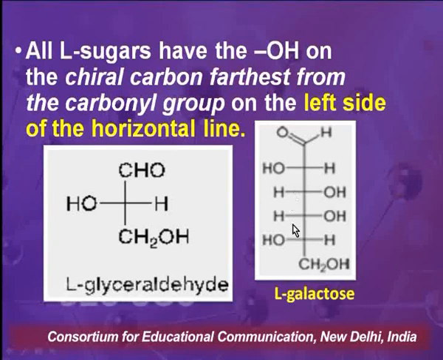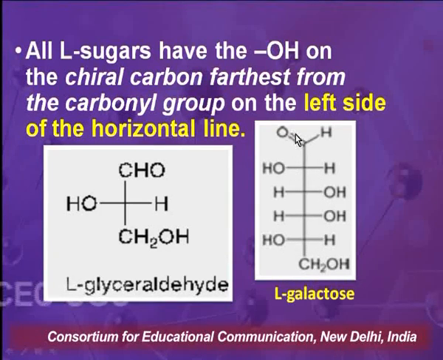You can see on your screens here the structure of L-galactose, and we find that at the first chiral carbon the OH is on the right hand side, at the second and third it is on the left and right hand side, and then at the fourth chiral carbon it is on the left hand side. So with reference to which carbon are we assigning configuration to this molecule?